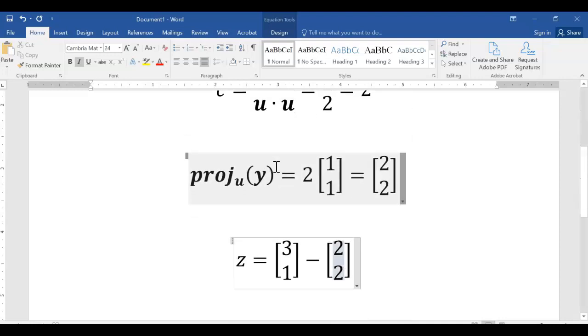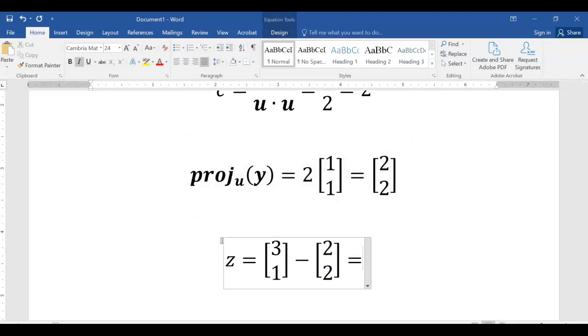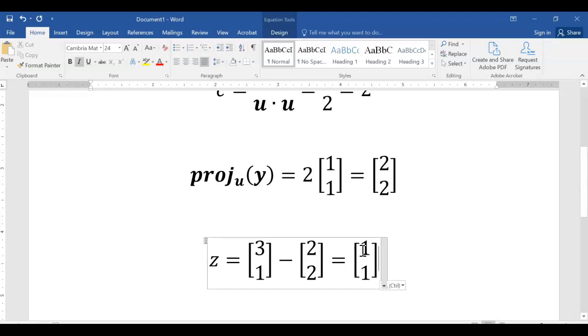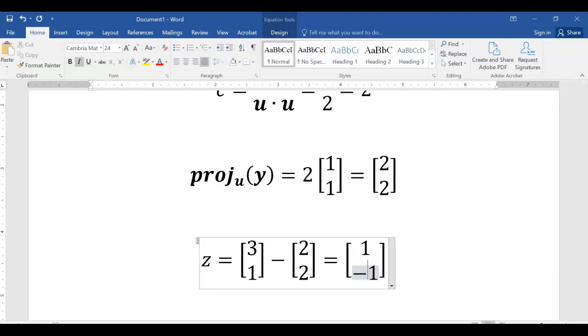So what we end up with is the vector (1, -1). So there you go. The projection is (2, 2). The z, the orthogonal component, is (1, -1).